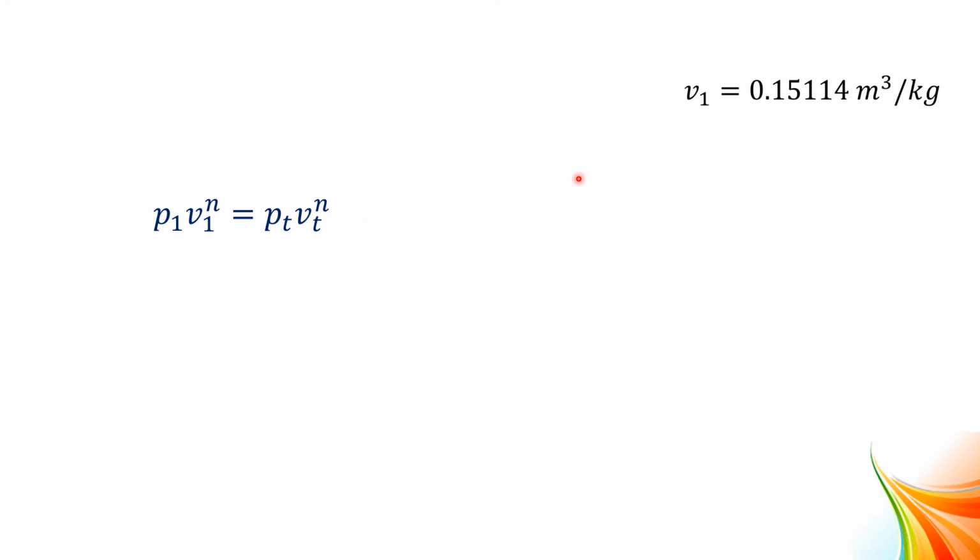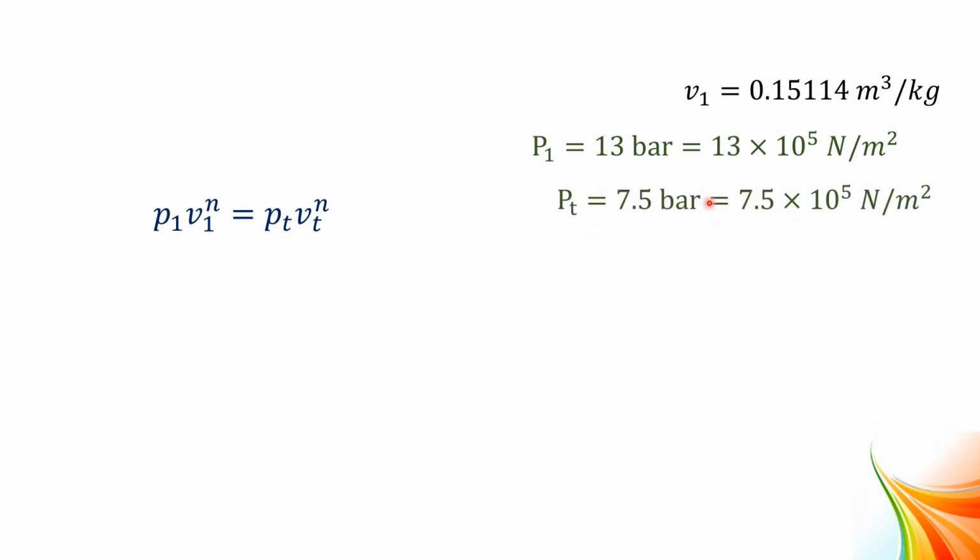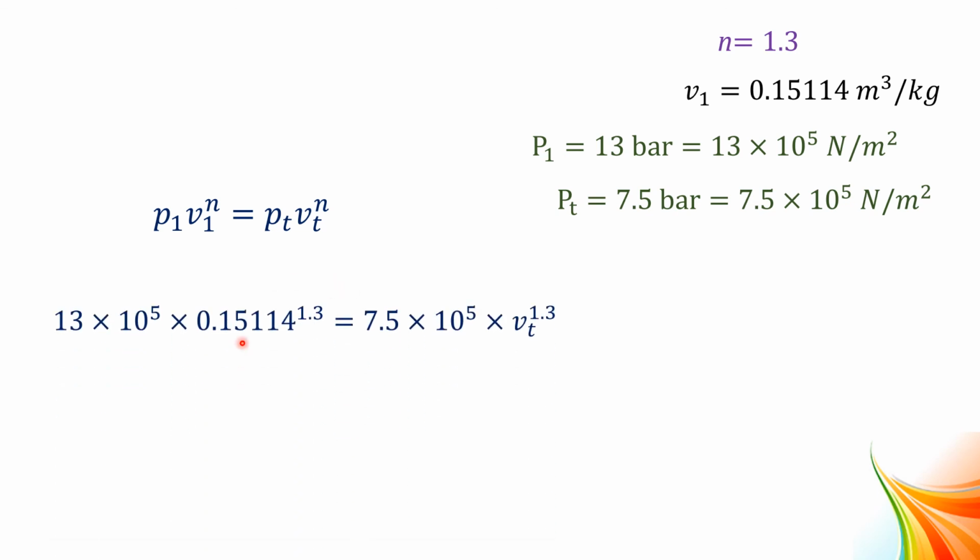We know the value of V1 equal to 0.15114 meter cube per kilogram, pressure P1 equal to 13 into 10 to the power 5 Newton per meter square, and Pt equal to 7.5 into 10 to the power 5 Newton per meter square. Value of n is 1.3 if the flow is supersaturated. Now substituting these values in this equation, Vt equal to 0.23 meter cube per kilogram.